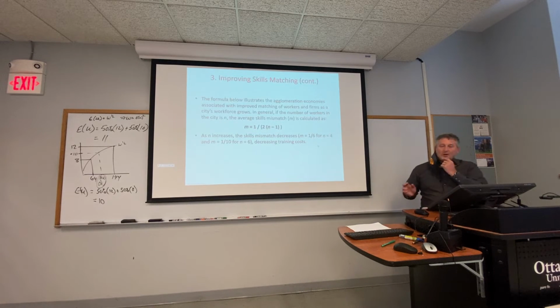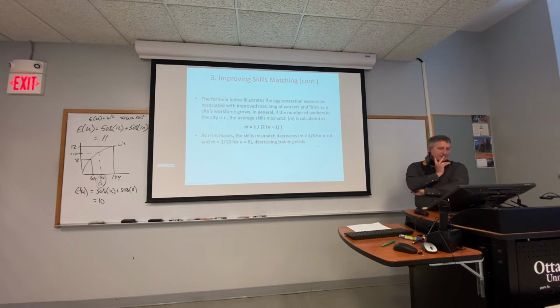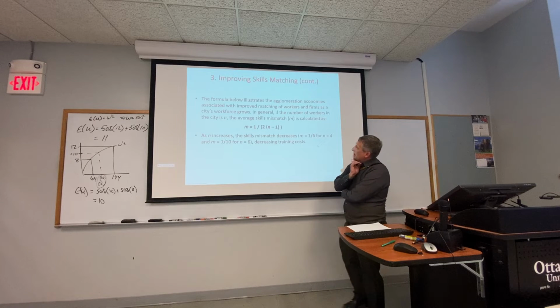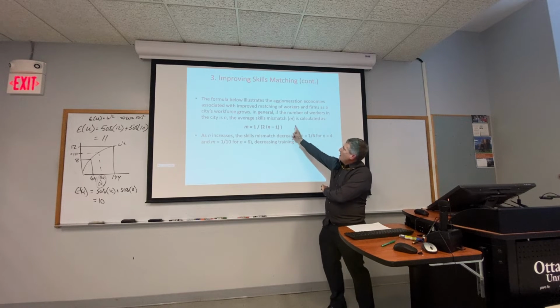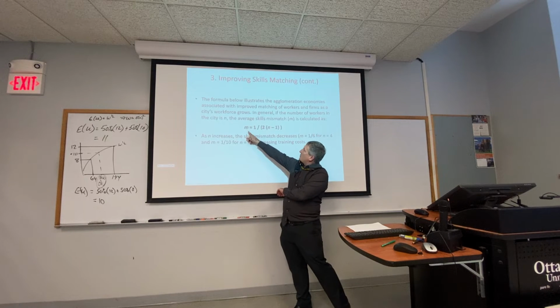Okay, so this little formula for the model illustrates the agglomeration, the benefits, as the city grows. So M is the result, like the 1/6, the skills mismatch.